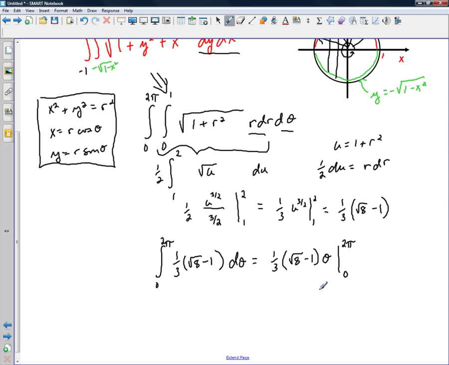And if we put the upper limit in, we get 2 pi times 1/3 is 2/3 pi. 2 pi over 3 times the square root of 8 minus 1. If we put the lower limit in, we get 0. And there is our answer. That's the number of square units for this area.